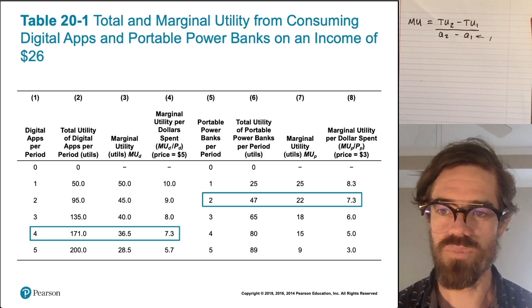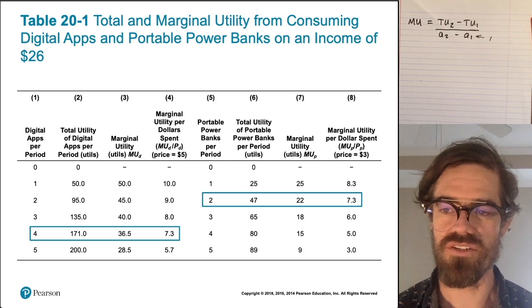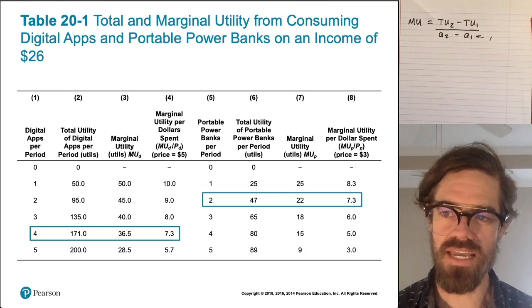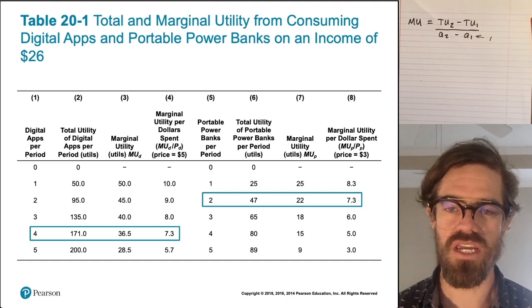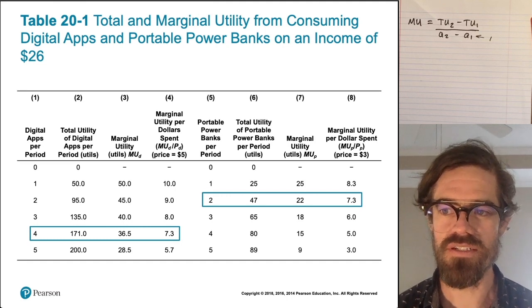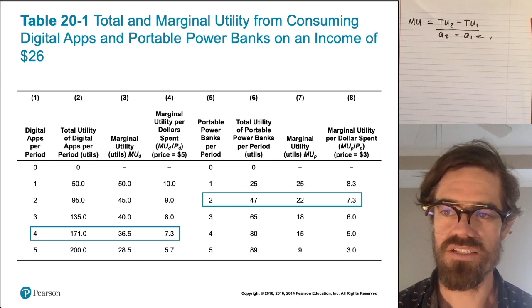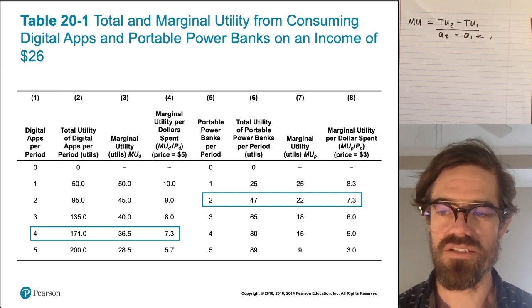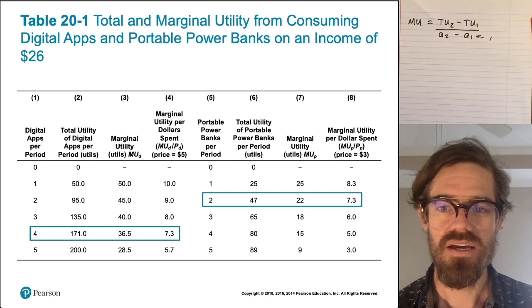As the units increase, total utility increases. We can again calculate marginal utility as the change in total utility. And in that last column, we're told that the price of a portable power bank is $3. And so we can again calculate marginal utility per dollar spent on portable power banks.